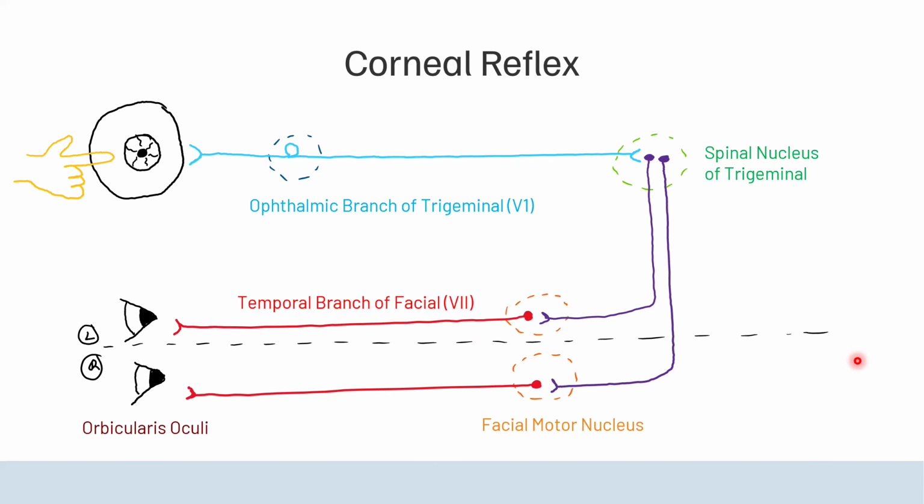Next, our corneal reflex. Once again, imagine that there are animations here. So I'll add them definitely again to the one that I sent you guys. The corneal reflex is what I told you guys is the one that requires me to agitate this very sensitive cornea, and that leads to blinking of the eye.